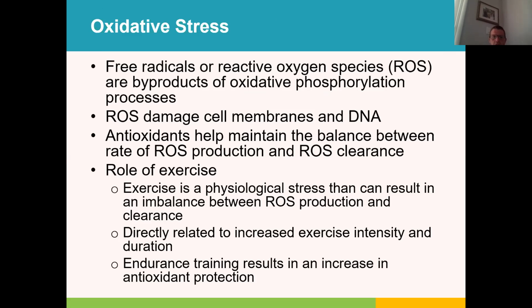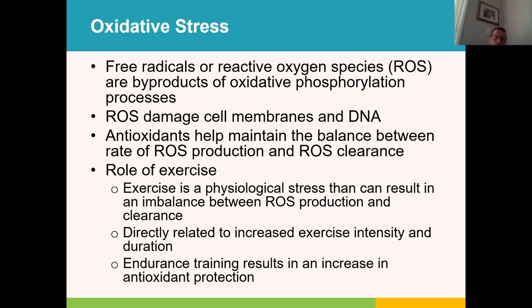Oxidative stress. So oxidative stress, we usually talk about free radicals or reactive oxidative species. Most of the time you guys hear free radicals. That's usually what they're byproducts of oxidative phosphorylation processes. Again, people think, oh yeah, that's that thing. Well, your body naturally has to do something. Okay?